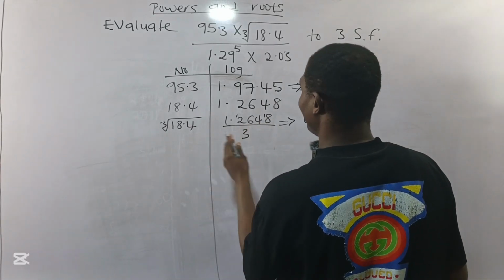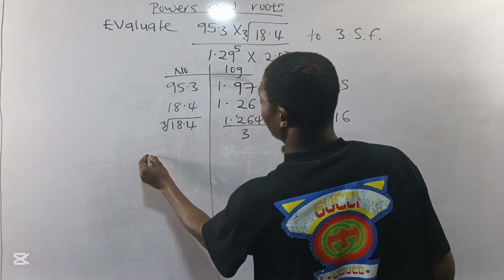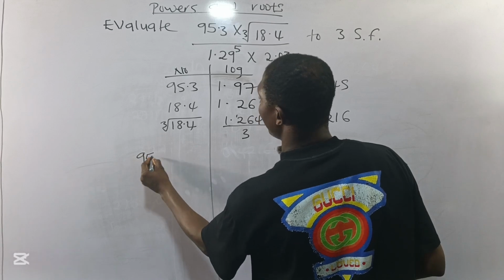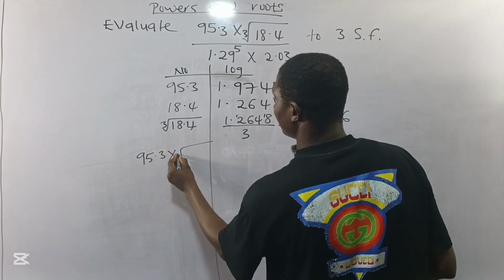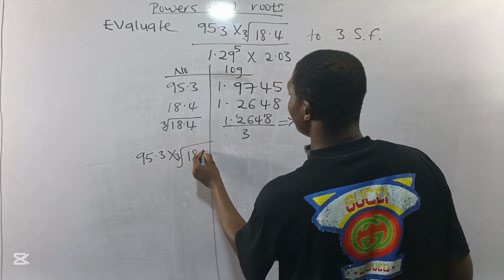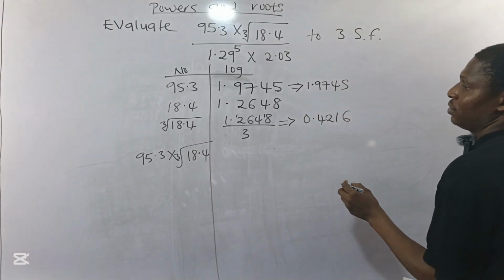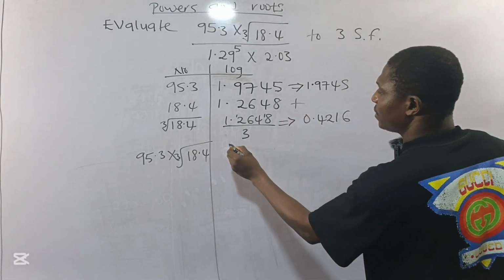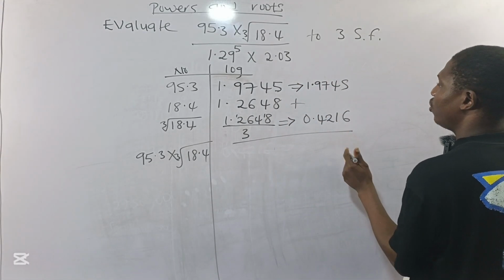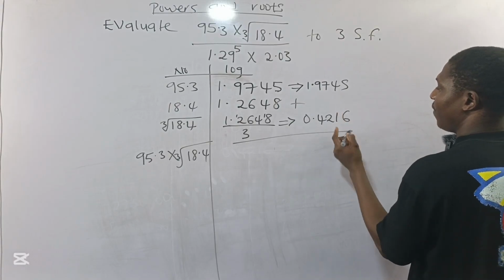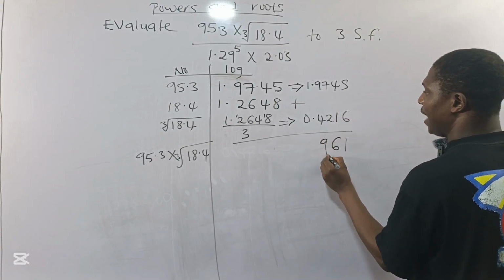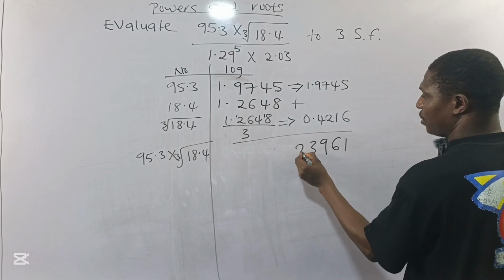So since it's multiplication, we have 95.3 times the third root of 18.4 to give you this. Add up: 1 remainder 1, 5, 6, 9, 10, 13, 3 carry 1 and 2.